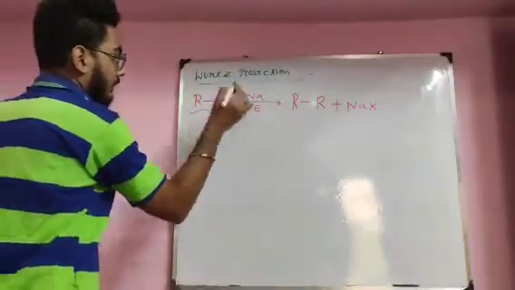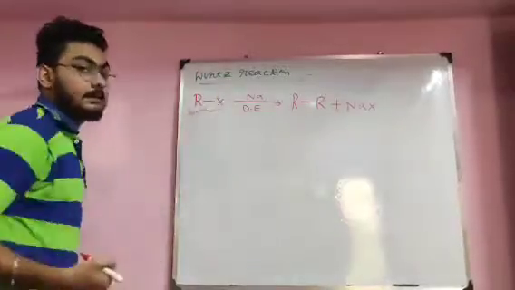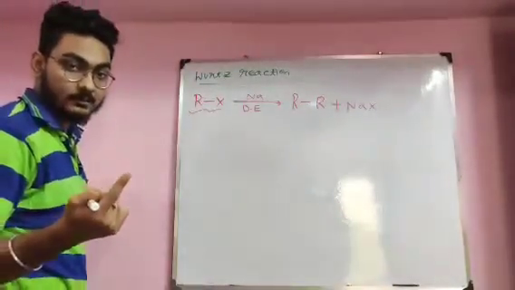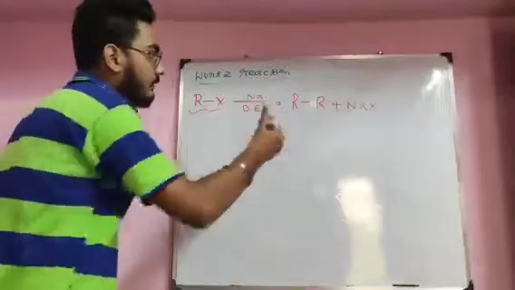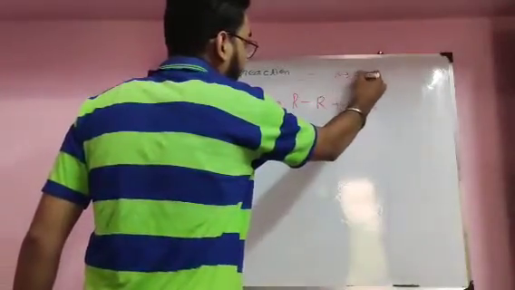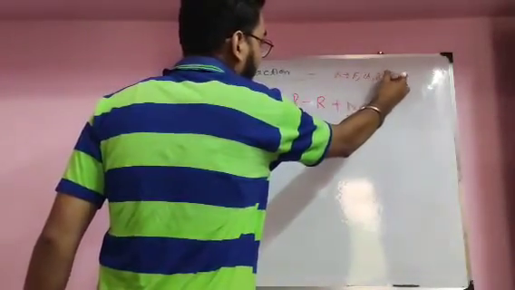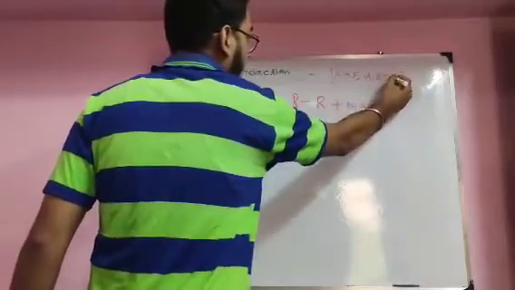R is the alkyl group, X is the halogen group: fluorine, chlorine, bromine, iodine.